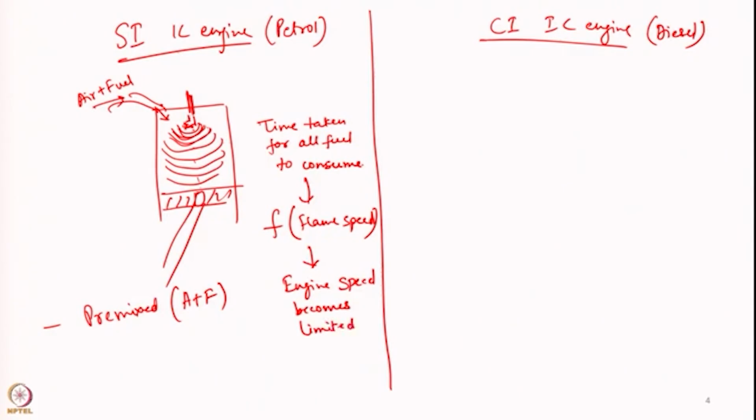So, just imagine you have some fuel, and whatever the amount of fuel you have injected into the cylinder, it will take say 10 milliseconds to burn completely, because this flame will take 10 milliseconds to travel from the top near the spark plug back to the piston or the bottom dead center, as it is technically called.